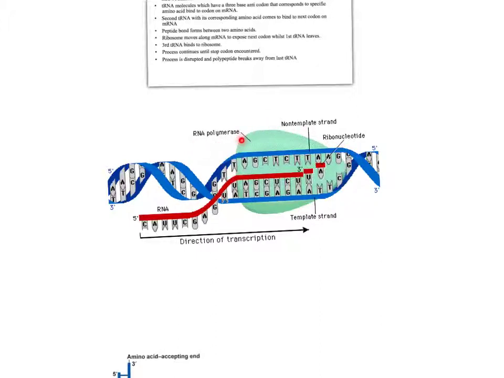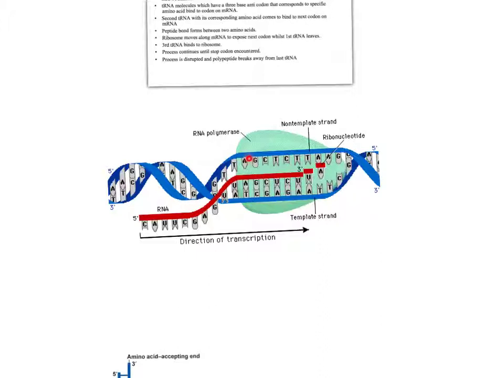Similar name, but RNA rather than DNA. Anyway, that binds to the gene, and it moves along the gene, unwinding the helical structure of the DNA, and then unzipping it, i.e. breaking the hydrogen bonds which hold the DNA bases together.